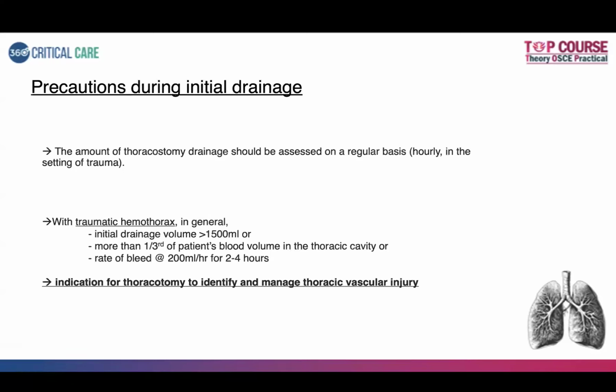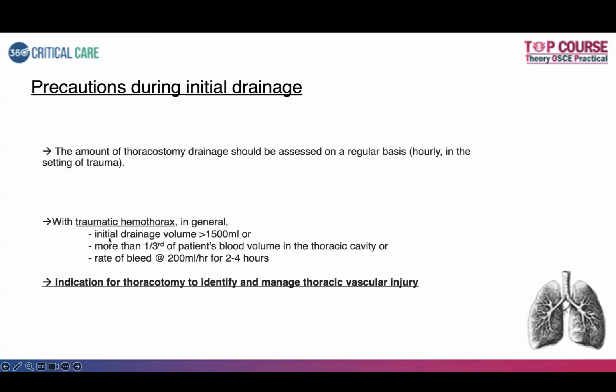The amount of thoracostomy drainage should be assessed on a regular basis, ideally hourly in the setting of trauma. So with the traumatic hemothorax, in general, there are three important criteria to be looked into.